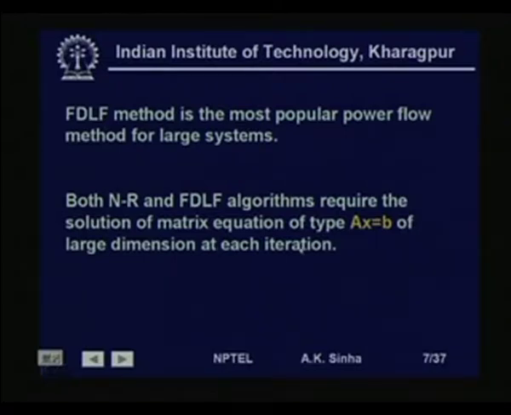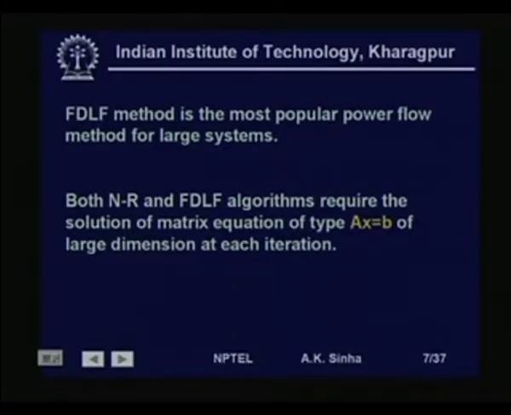This is the major problem that both these methods face, that they need to solve a large set of matrix equations of the type Ax = b, where A is a Jacobian matrix, or B dash matrix and B double dash matrix in case of fast decoupled load flow. x is the vector of unknowns, that is voltage magnitude and voltage phase angles, and b is the mismatches, that is delta P and delta Q.